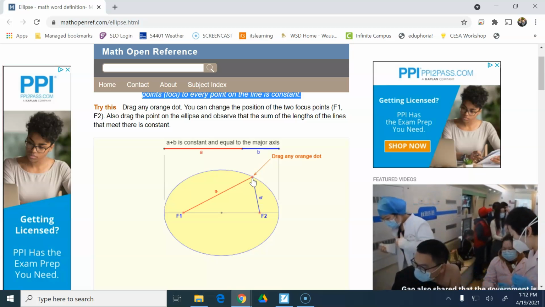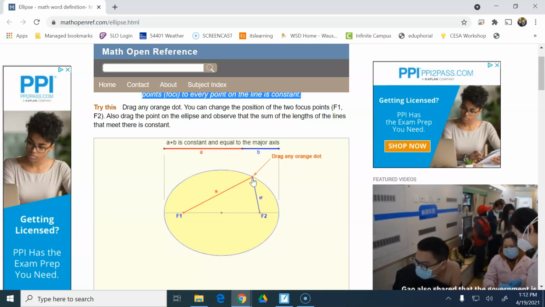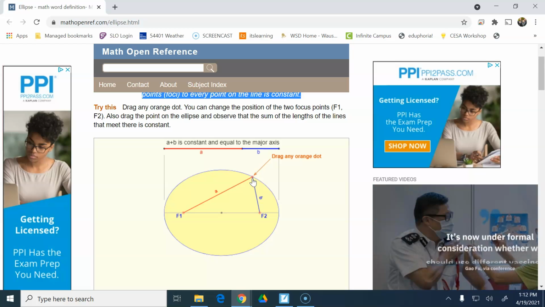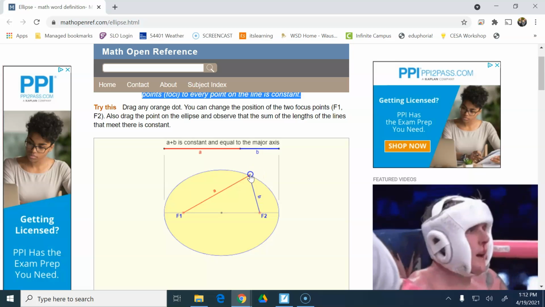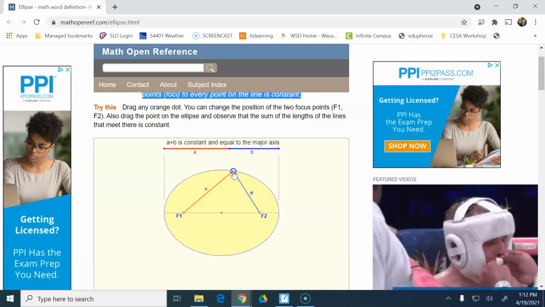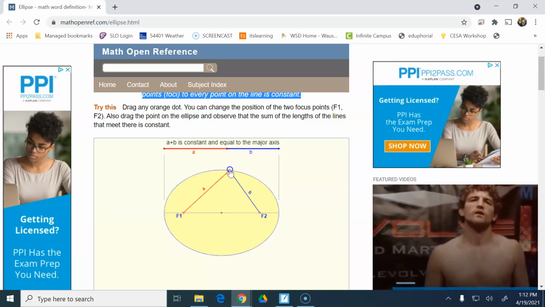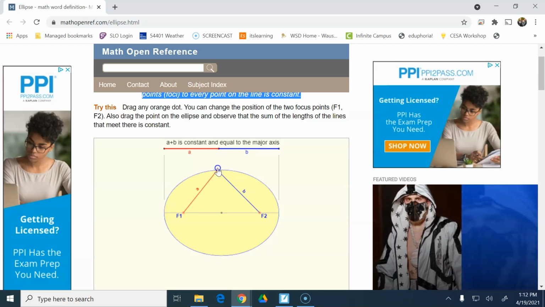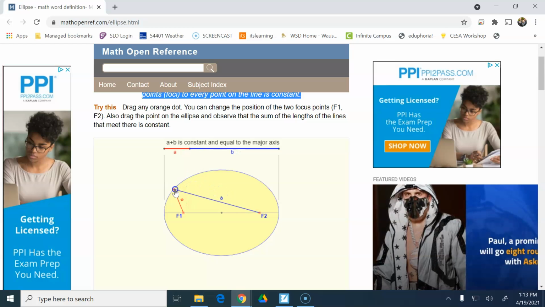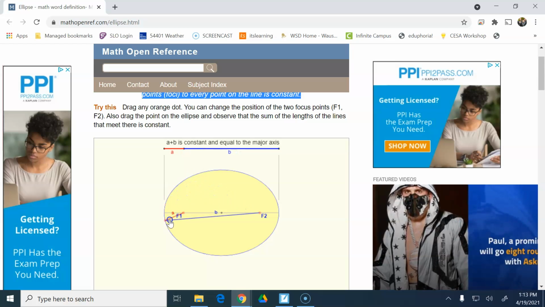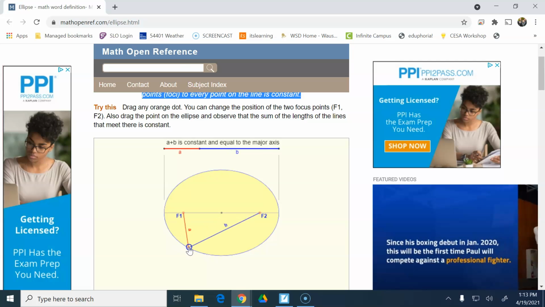But the kicker is that we're going to have these 2 points called the foci. The distance from any point on the ellipse to the foci, when we add those two distances together, is going to be constant all the way through.